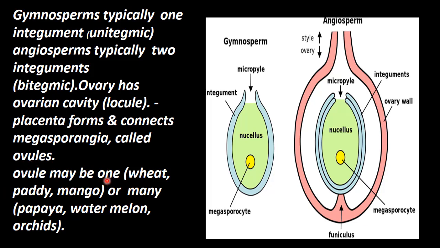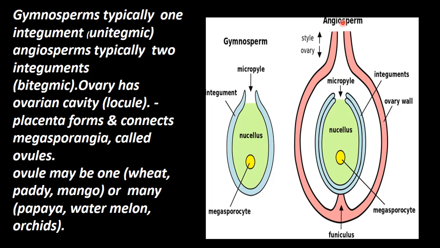Ovule may be one, as in wheat, paddy and mango, or ovules may be many in a flower, as in papaya, watermelon and orchids. If this ovule has only one layer of wall, that integument, mostly present in gymnosperms, they are called unitegmic.